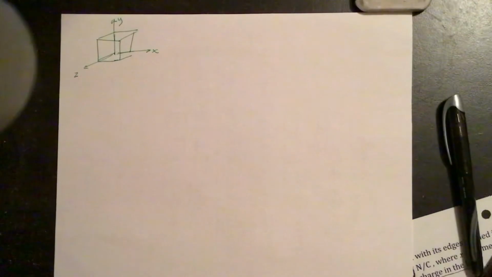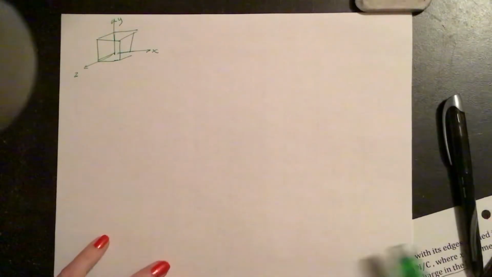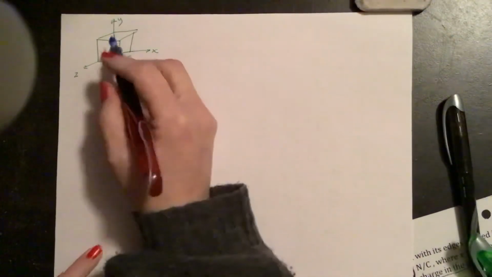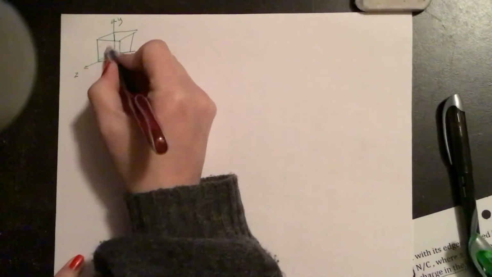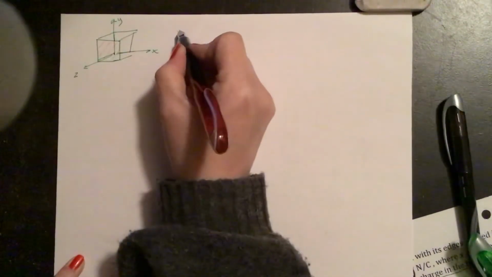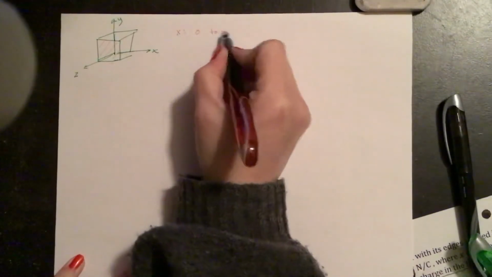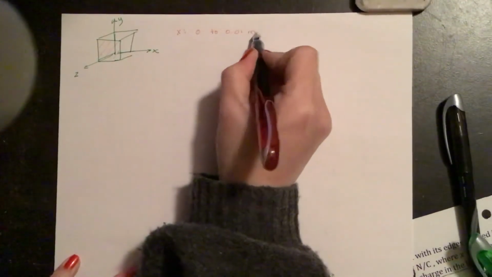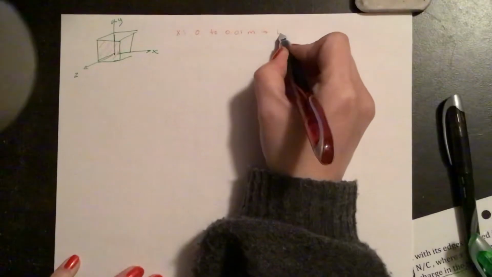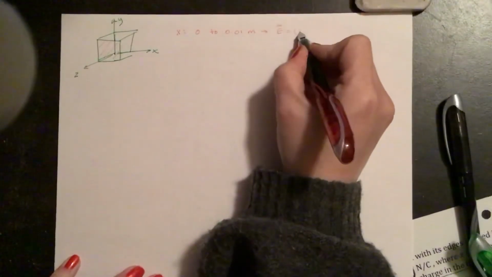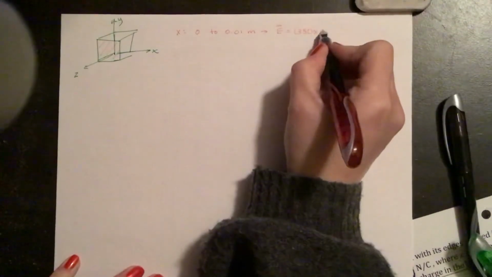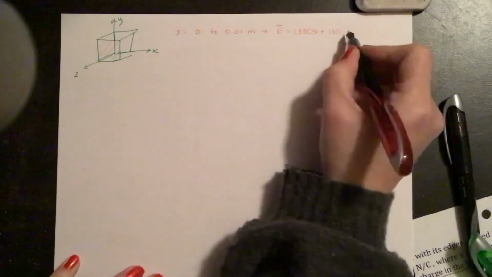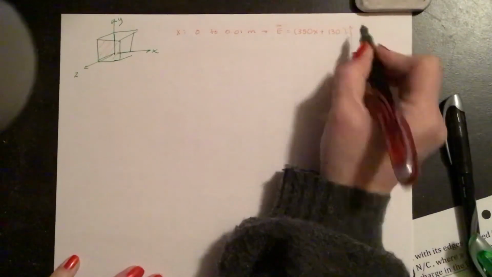Front face means I'm taking the front face. So my x varies from 0 to 0.1, so this is the face I'm looking at. That means that my electric field is not constant. It's 350x plus 130 in the j direction.